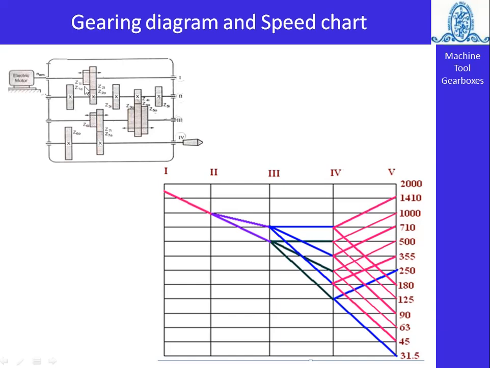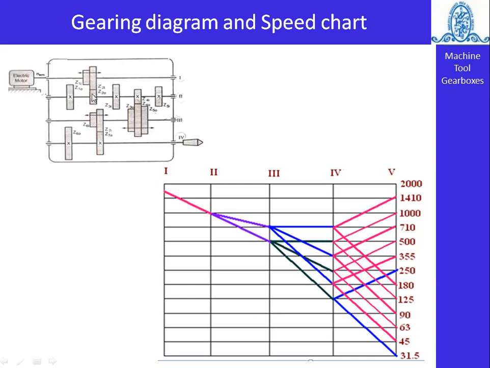Suppose in this gearing diagram there are 2 gear clusters available. Another consideration is that the spacing between the adjacent gears on the shaft should be such that a gear pair gets completely disengaged before the next begins to mesh, and the difference should be 4 teeth, meaning not less than 4.